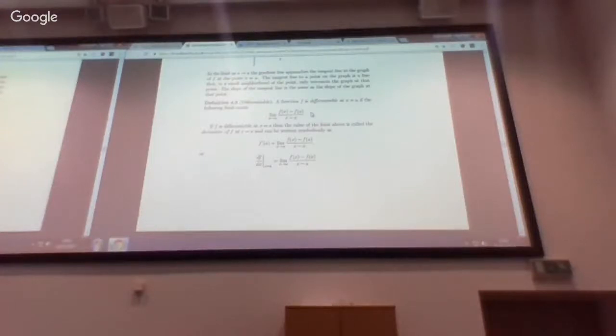But to zero in on the essential behavior of the function at that point, we take the limit of that relative change and see how it's behaving in the limiting sense as that other point x gets closer and closer to A.